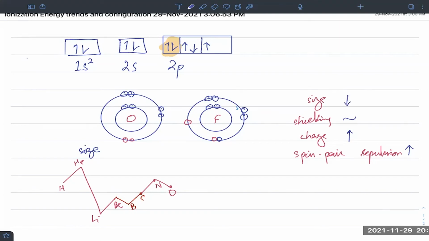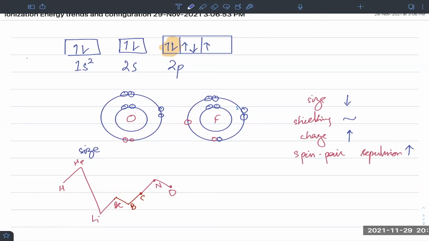Sir, in the first case you said that if spin pair repulsion increases then shielding increases, so why not now? Again, if you combine shielding with spin pair repulsion, then you would say it increases. But you can also keep them separate. You can also say, I have 4 factors instead of 3. And it's better that way.